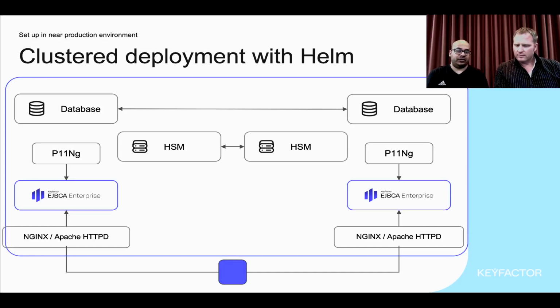You might already be aware that we support Luna 7, Thales Enshield, and Utimaco, and many more are on the way. Then, of course, there is EJBCA Enterprise as a container itself, and the TLS communication with this is managed by one of the sidecars, Nginx or Apache HTTP.